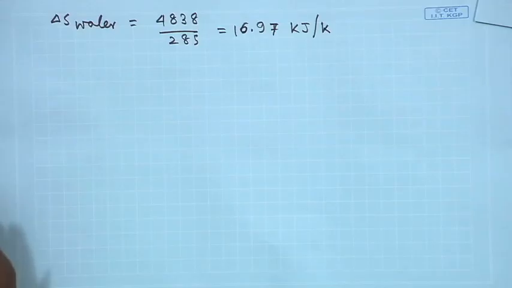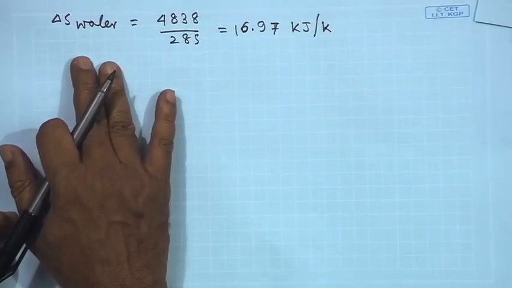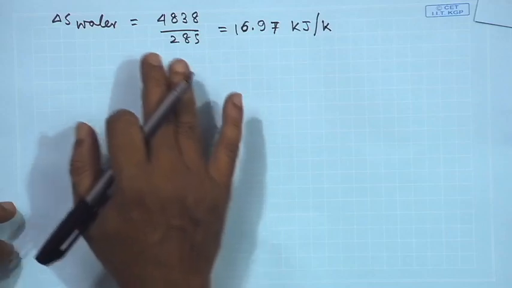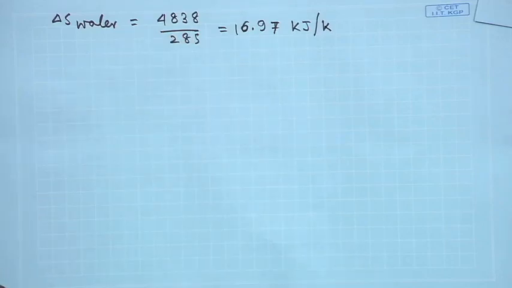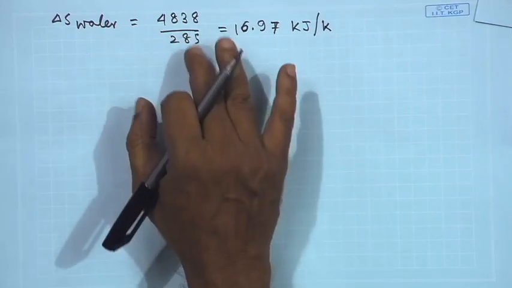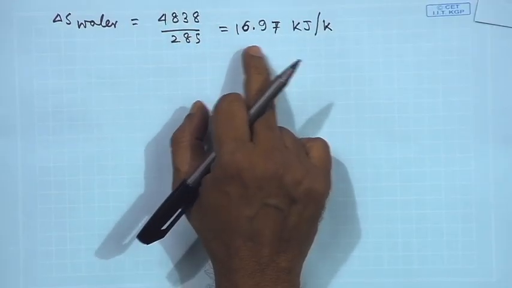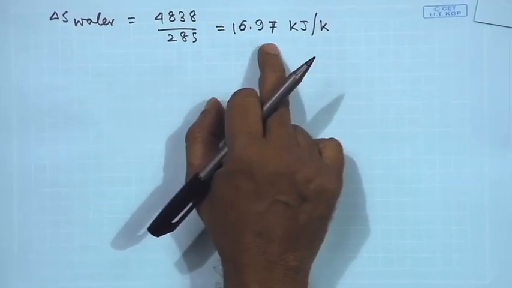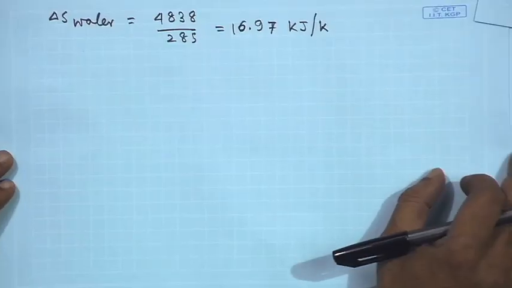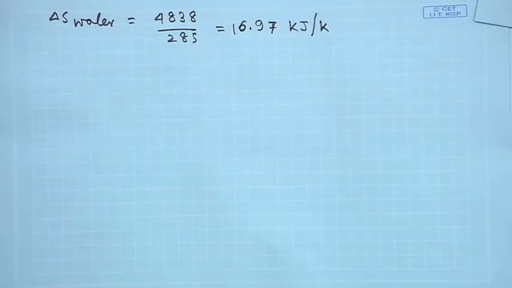So, these are the values we will get for the entropy change of water. So, mind it, heat is transferred to the water, and that is why it is positive, and entropy change of the water will also be positive. That means, the entropy of the water will increase. So, we are not yet finished, some implications are left. So, we will start from here in our next class.